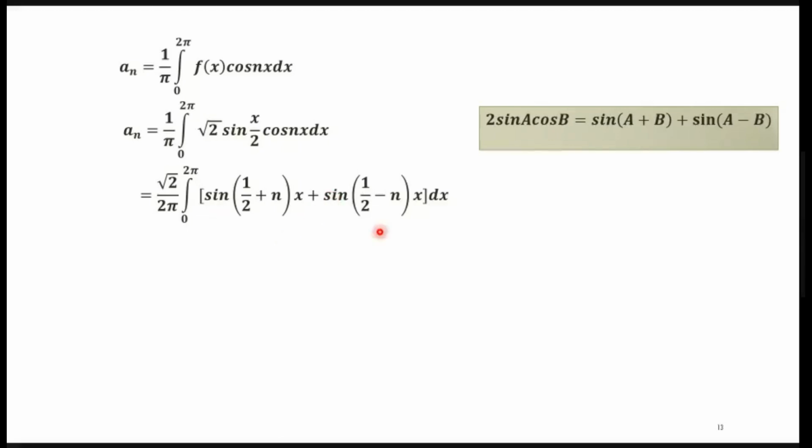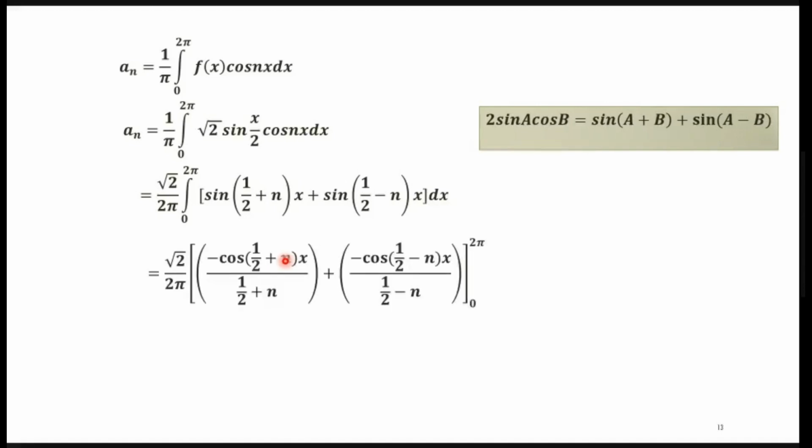Now integrate both the sine functions because we have plus sign in between. Just integrate the function. तो sin का integration हो जाएगा minus cos, here also minus cos upon this. Sin of half plus n x plus sin of half minus n into x dx. Sin का integration minus cos.